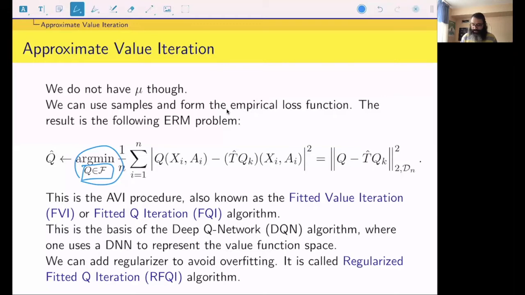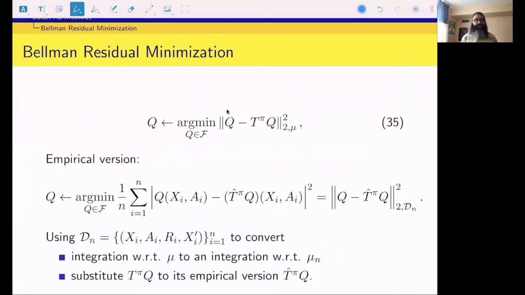Okay, so I'm going to continue that path, still talking about batch methods, and talk about this Bellman residual minimization, and how we can get a sample-based or data-based method out of it, which we saw before in the form of a population loss, minimization of some population loss function.